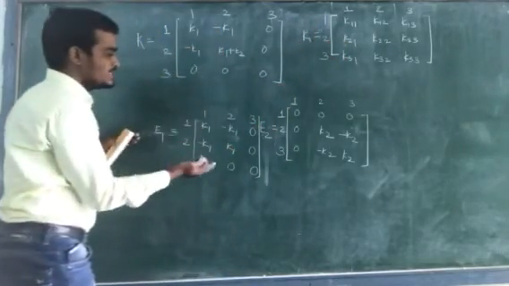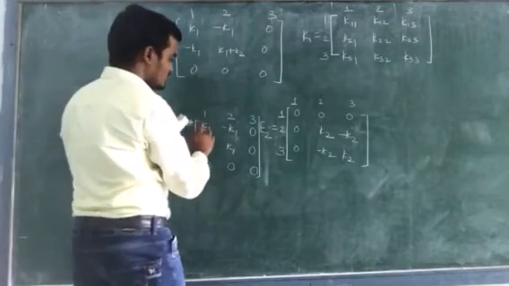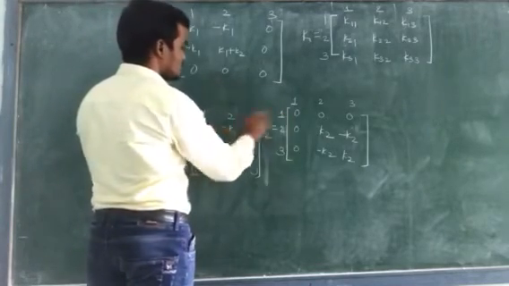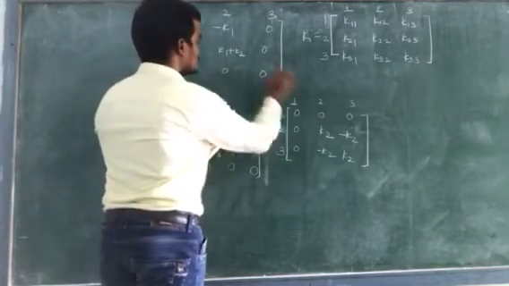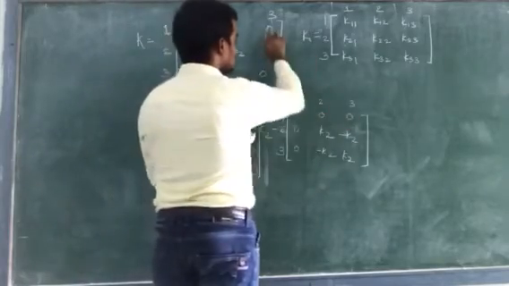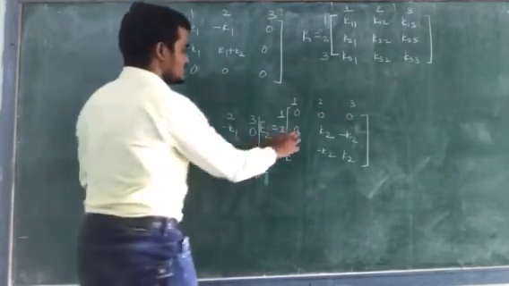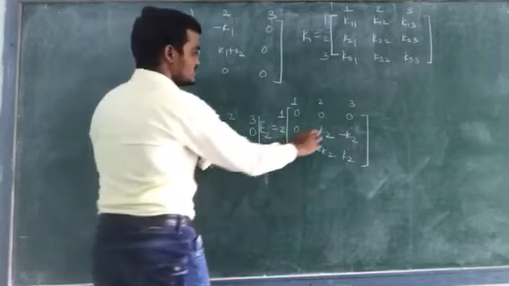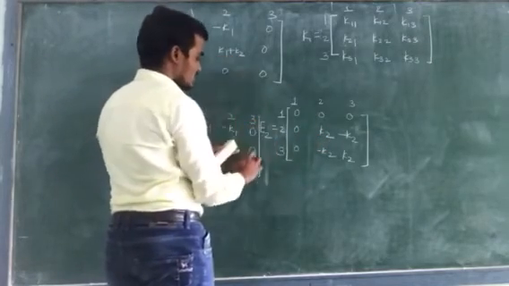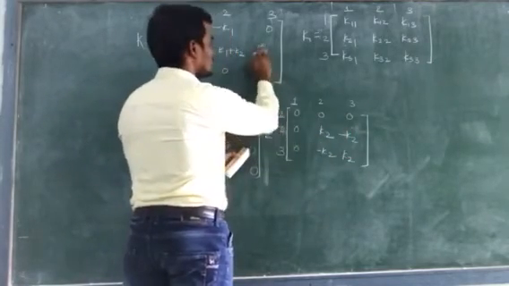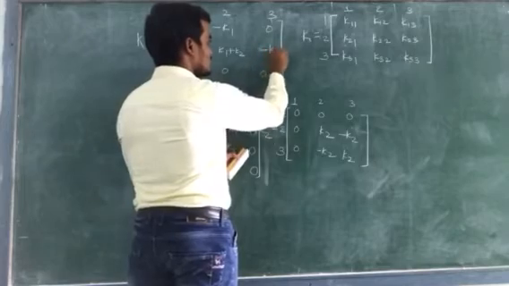So by addition, K1 becomes K1 plus 0, K1; minus K1 plus 0, minus K1; 0 plus 0, 0. Similarly, minus K1 plus 0, minus K1; K1 plus K2; then 0 plus minus K2, so it will become minus K2.